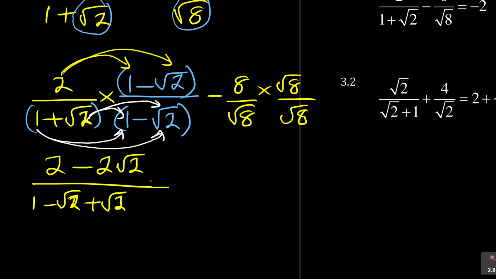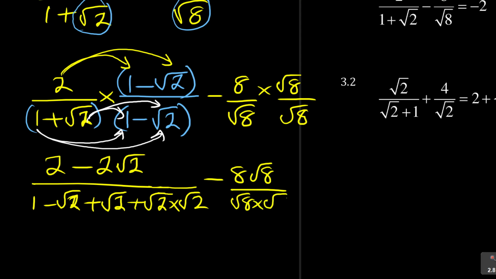Now look at this, it's minus root 2, this is plus root 2, times root 2, minus 8 root 8 on top, over square root of 8 times square root of 8.